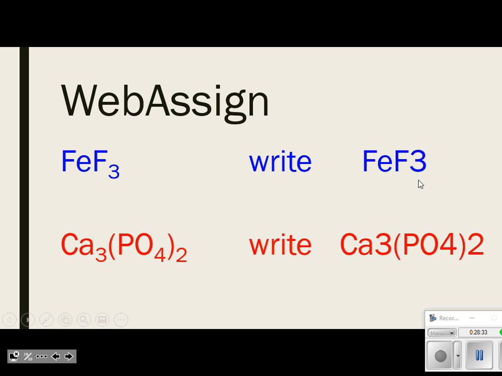So we just put it right beside it. The same thing with down here. We don't write subscripts, we just write them on the direct line. Now, if you're handwriting this, is this acceptable? No, it is not acceptable if you are handwriting this. This is only acceptable when we're using WebAssign.